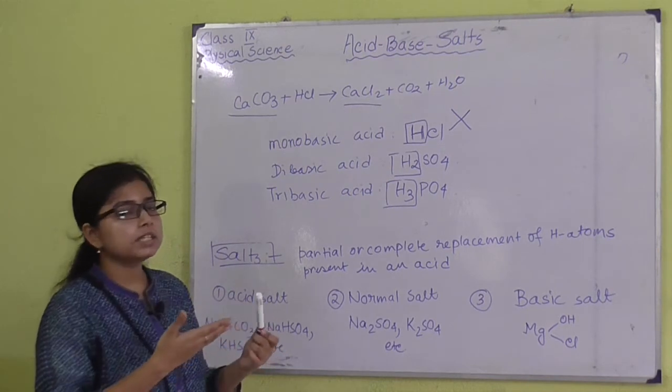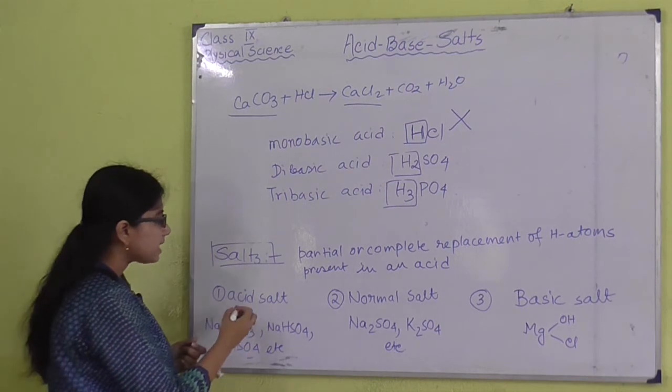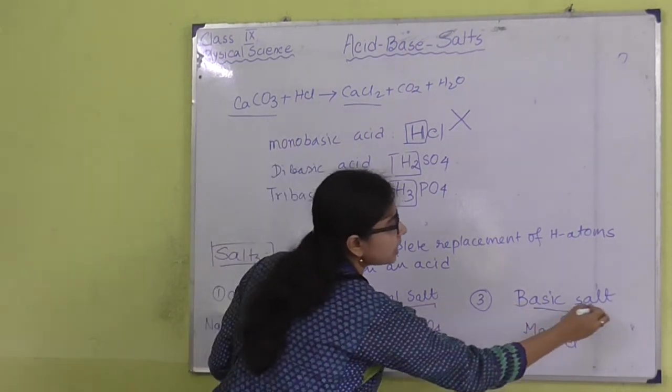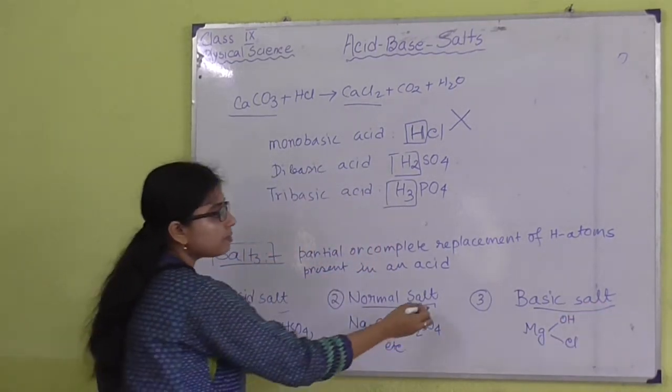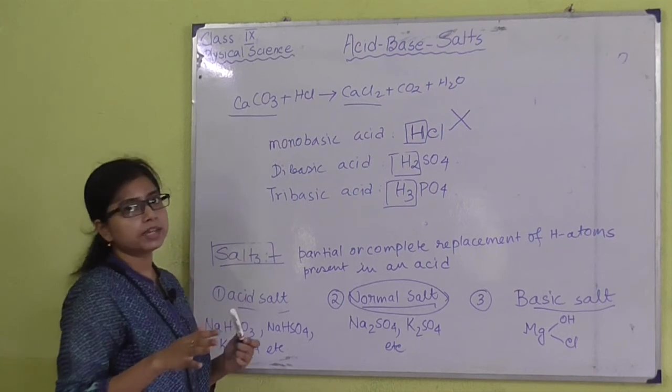On the basis of these things, I have three types of salt. One is acidic salt, another one is normal salt, and number 3 is basic salt. Now normal salt means where I have replaced all the hydrogen atoms.